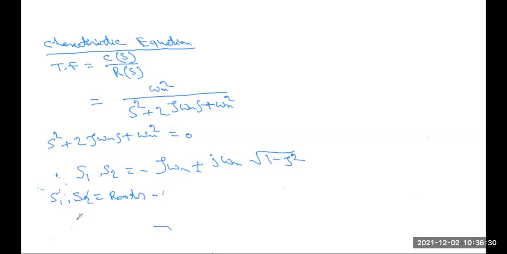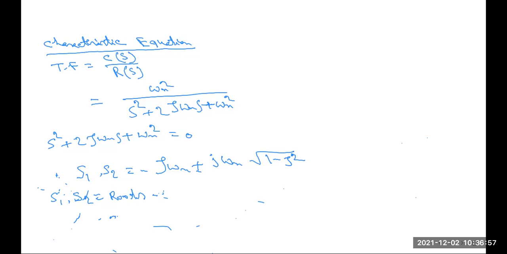These roots are the poles of the transfer function. So these roots S1 and S2 give the prediction about the nature of the time response analysis of the second order control system.